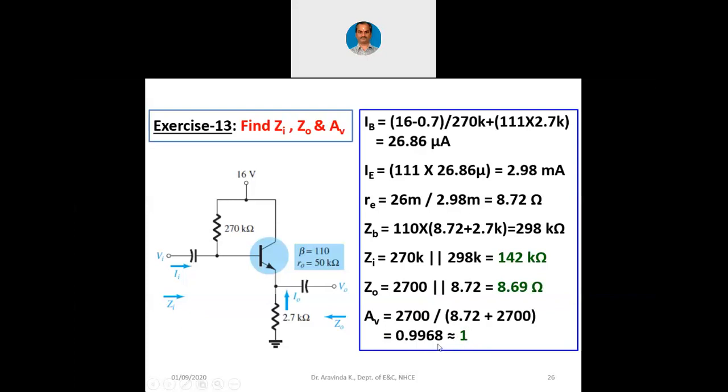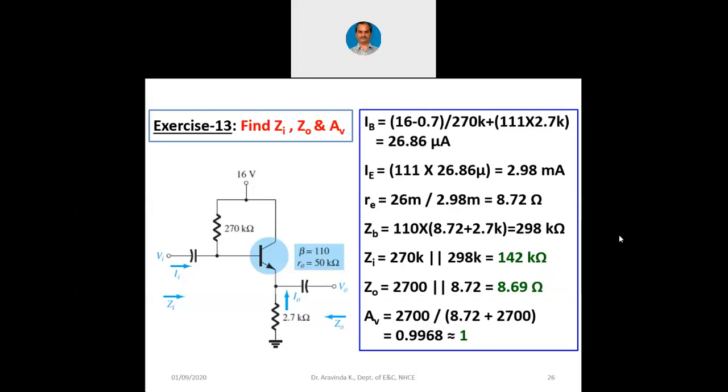Now this means that we are not getting the voltage gain at all. That is why I have been repeatedly telling you, we are going to combine multiple configurations for getting our expected behavior of the amplifier. That is called cascading of the stages, or multi-stage amplifiers. But we have not kept it in the syllabus, because there is no point in discussing those circuits now, as they are obsolete as far as BJT is concerned.